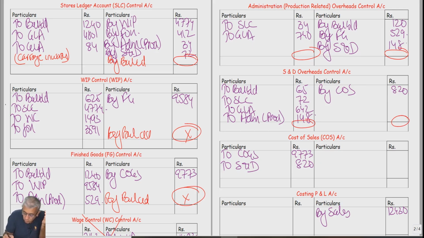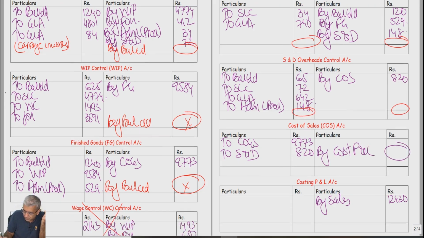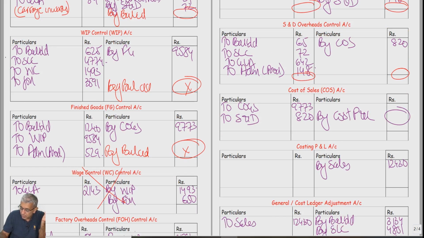Let me finish off cost of sales account. Cost of sales ultimately will get transferred to costing P&L account. You all write down over here by costing P&L. 9773 plus 820, 10,593. To cost of sales 10,593.